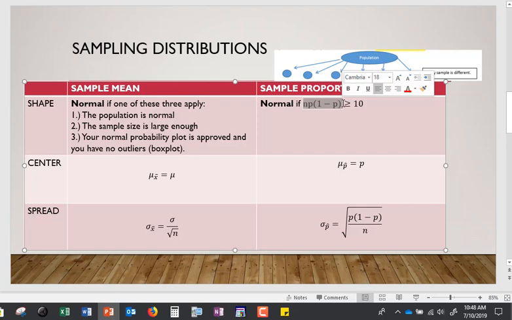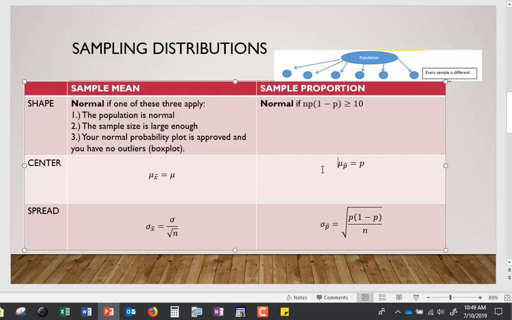And if when you multiply these values together the result is greater than or equal to 10, then we can say that the distribution is approximately normal. Some textbooks use n, p, and q, q being 1 minus p, the complement. Some multiply n times p and say that value has to be greater than or equal to 5, and multiply n times q and that has to be greater than or equal to 5.